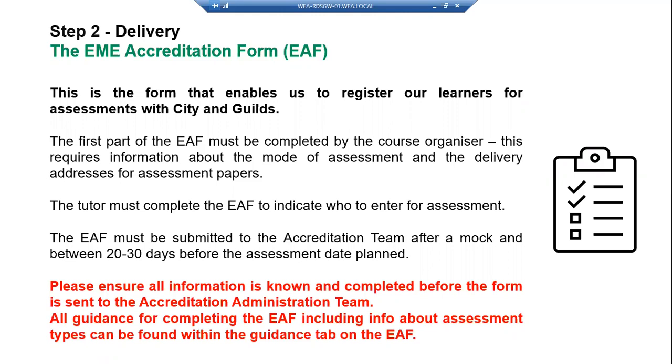So please just be mindful of that. And also, I guess the other thing, and then I will shut up, is to just be aware that with the new system coming in, we assume that the EAF will disappear and there will be a more automated means of doing this. But at the moment, that's what we've got.